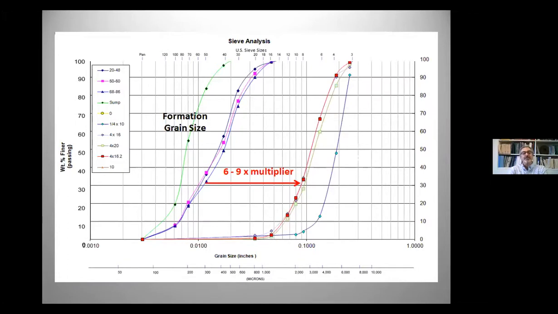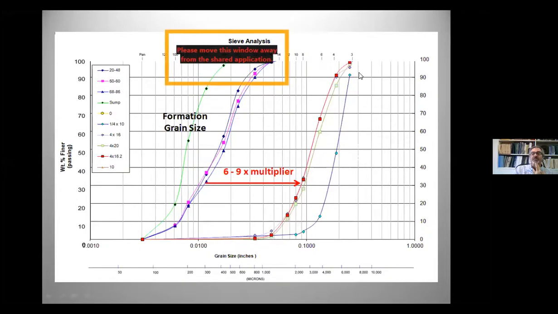Now, some folks like to do percent passing on the y-axis and some will do percent retained. In this particular example, we're looking at the percentage passing each of these screen sizes shown on top. And for this example, we're looking at the US screen sieve sizes here. So basically, we're increasing from left to right in both the grain size diameters and in our screen sizes, shown here.